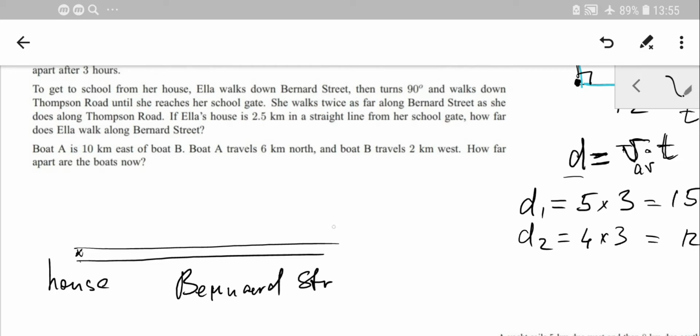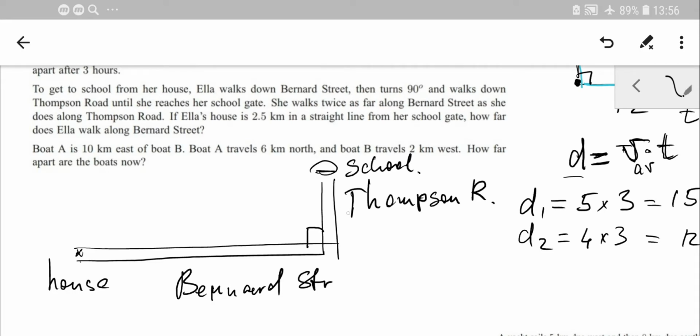Here is Thompson Road, until she reaches her school gate. So this is the school.